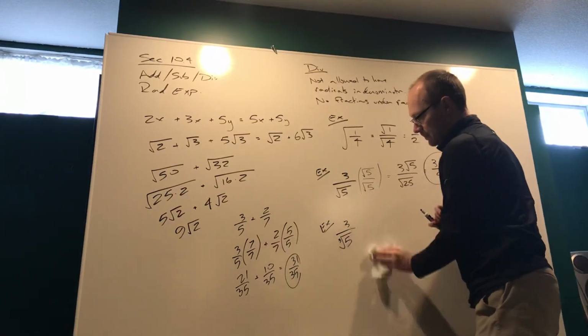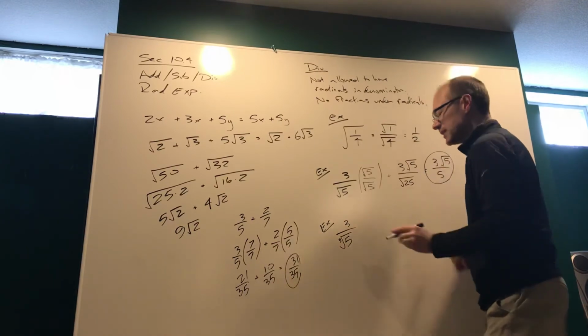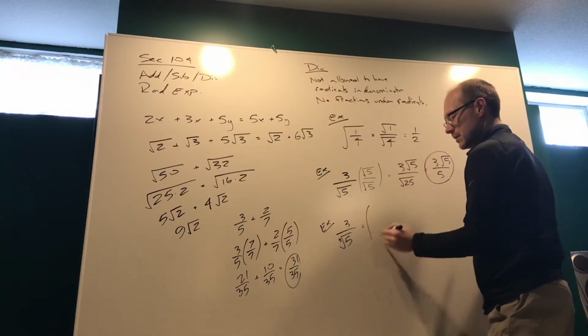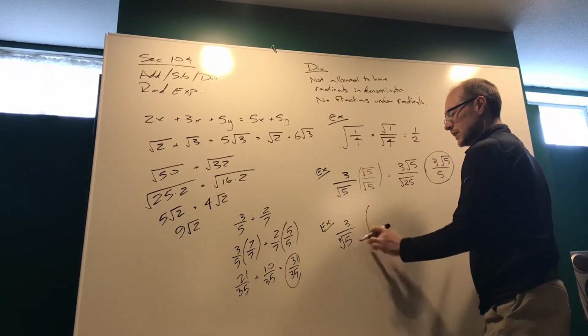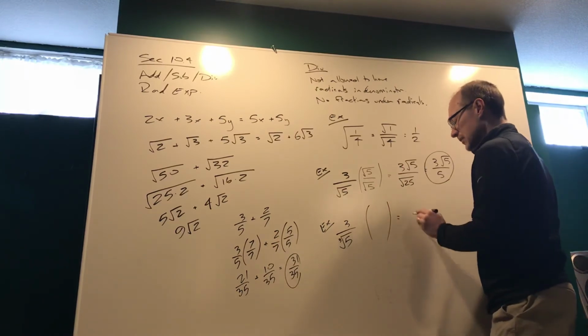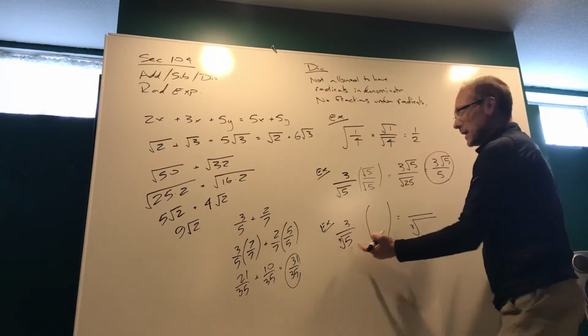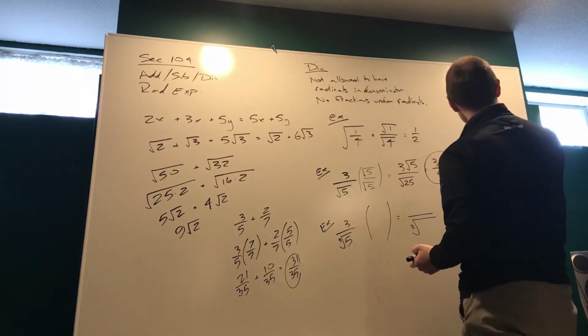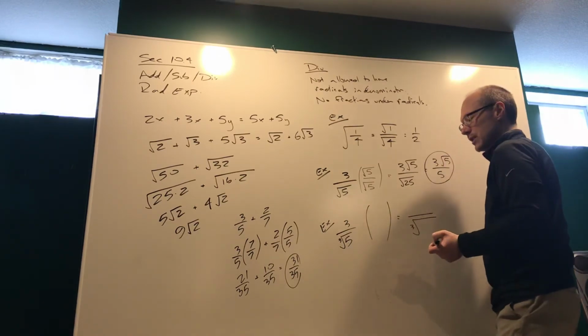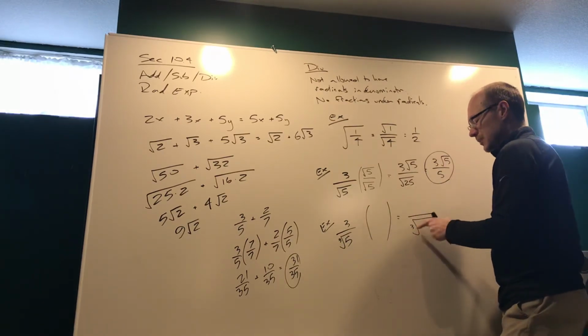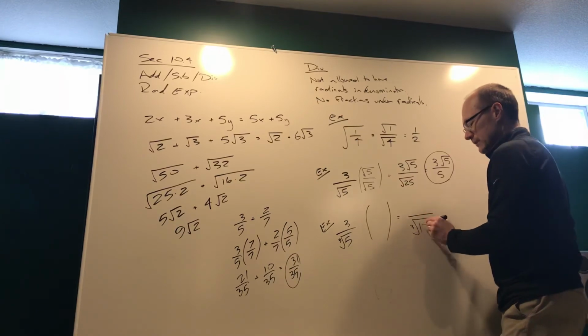So what we need to multiply by instead is whatever it takes so that I can get a perfect cube in the denominator. And since I've already got a 5, if you remember that list of numbers that I wrote up over here on the board a week or so ago, I think the first perfect cube divisible by 5 is 125.